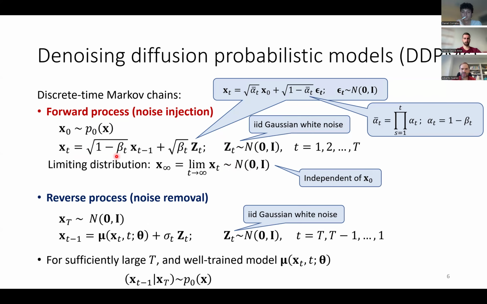Okay, so this is a stepwise procedure. I'm going here 1 to capital T, but it turns out that the AR1 process that I'm writing down here has an exact solution, in the sense that I can simulate xt starting from x0. Here I'm simulating xt starting from xt minus 1, the image before.